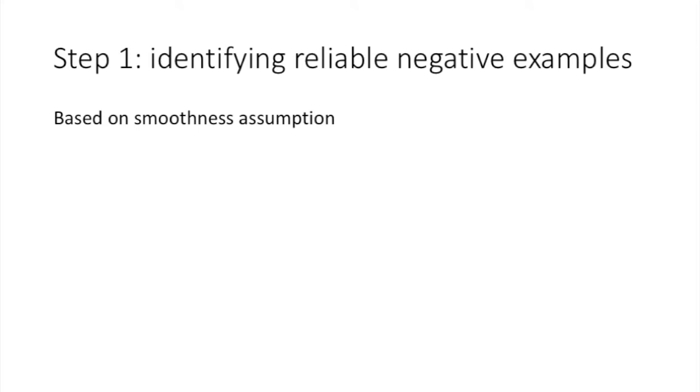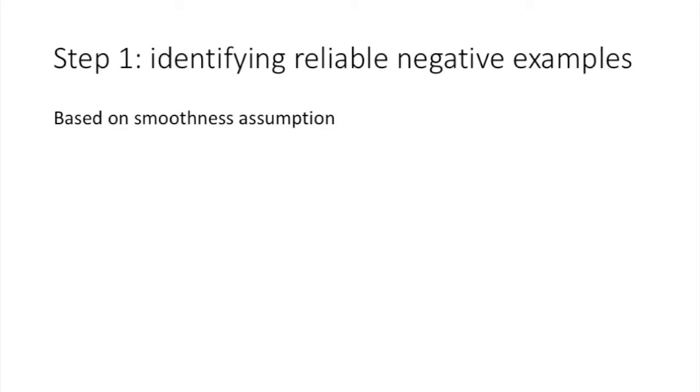So the first step is to identify reliable negative examples. To do this, we are going to base this on the smoothness assumption, which means that examples which are similar are much more likely to belong to the same class.